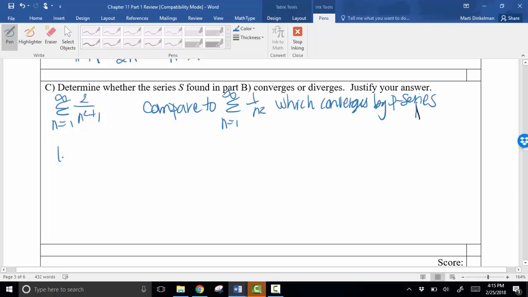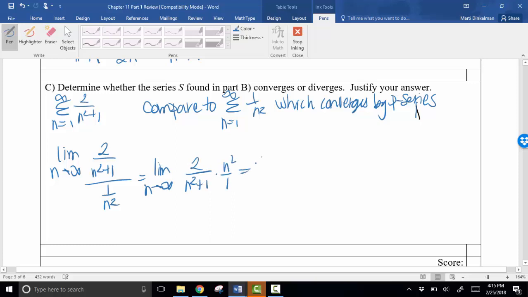Okay. And then I'm going to use limit comparison to prove that's a good comparison. So the original over the one I'm comparing it to. So have that flipped. And again, I'm going to write one more limit statement here, which is 2.